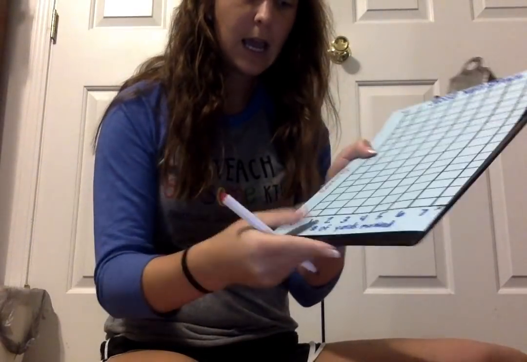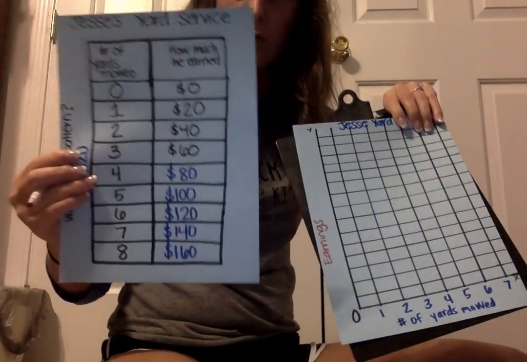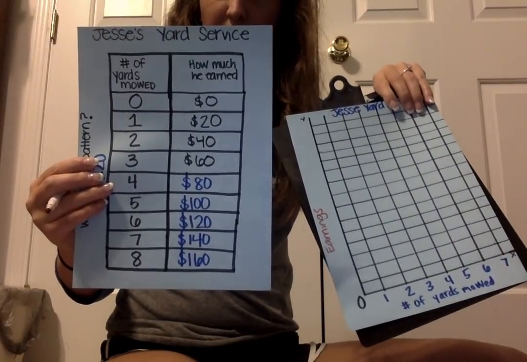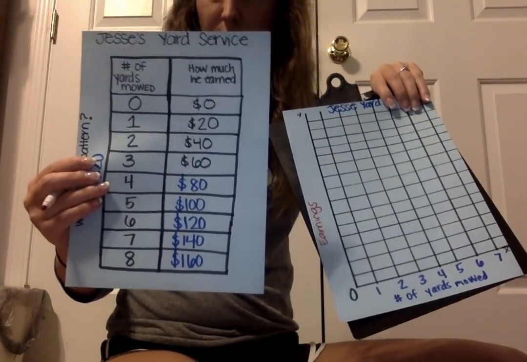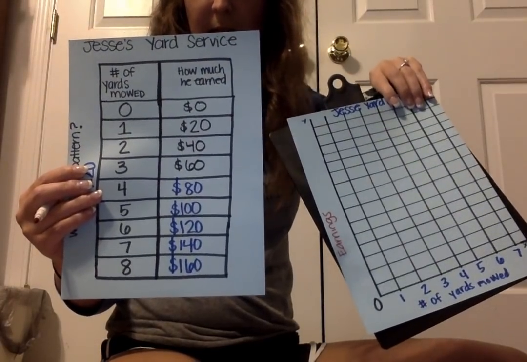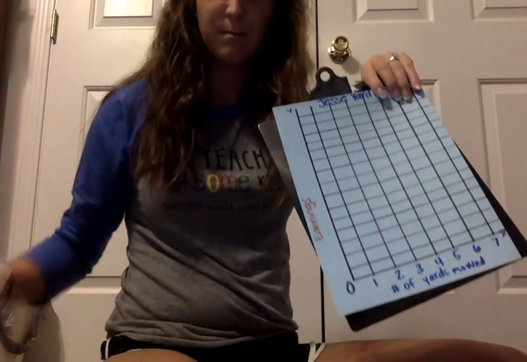earnings. And looking back at our table, what's going to be the best way to number our earnings? It goes from 0 to 20 to 40 to 60 to 80, 100, 120, 140, and 160. So I'm thinking let's number it by 10.